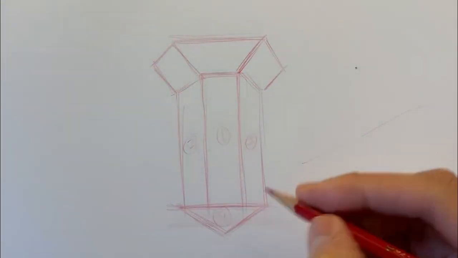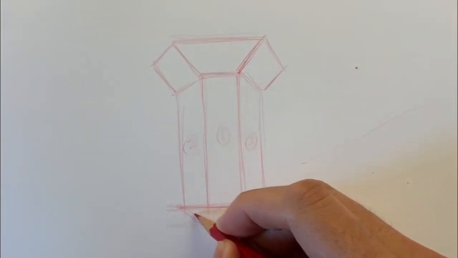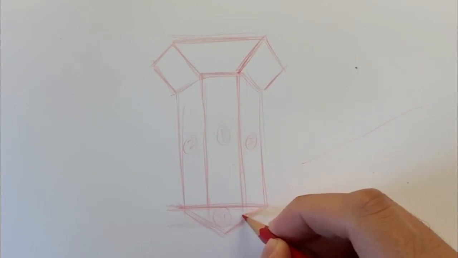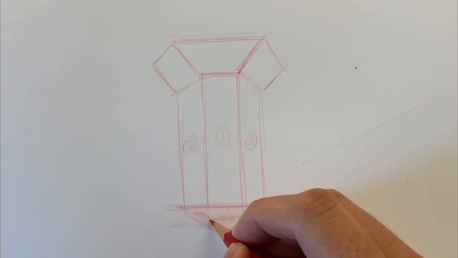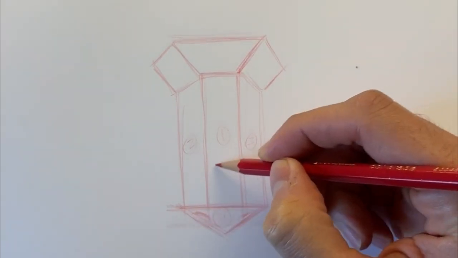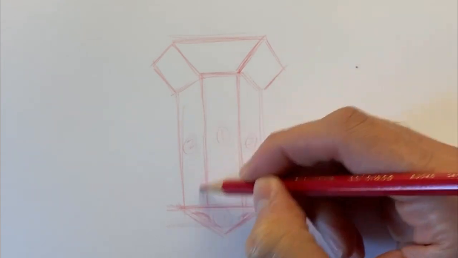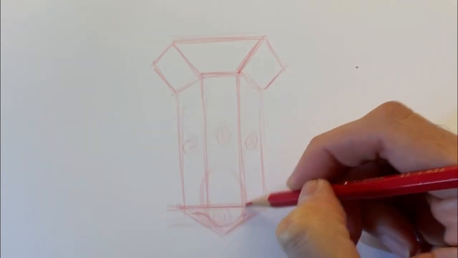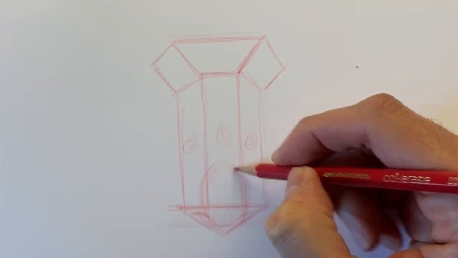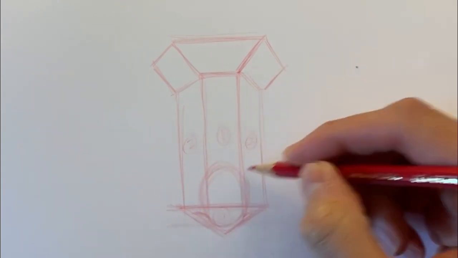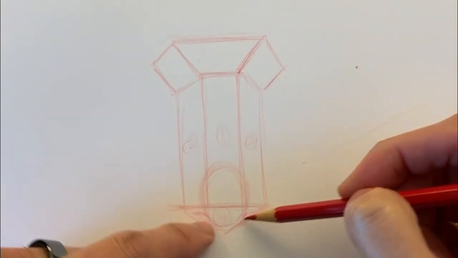Okay, so remember we had drawn in the little nostrils in this little triangle. Now a good way to think of these nostrils, they're kind of coming off of, and I'm going to draw in a faint kind of egg shape right here. This is called the ball of the nose. I didn't do this in the initial sketch just to not confuse you, but every nose has some degree of a shape at the end.